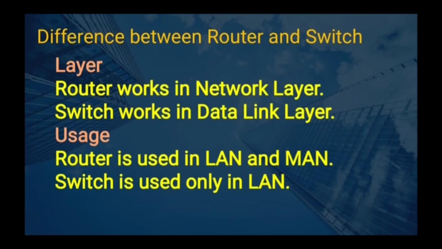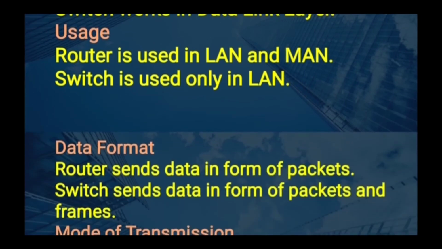The main difference between router and switch. If I talk about layers, these are the 7 layers which we discussed in the last slide. Router works in the network layer, whereas switch works in the data link layer. Usage: router is used in LAN and MAN, whereas switch has lesser efficiency compared to the router, so switch is only used in a LAN.